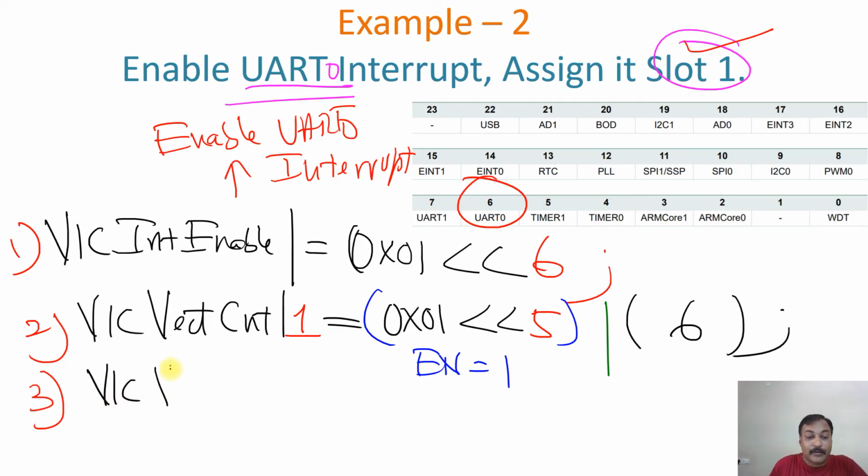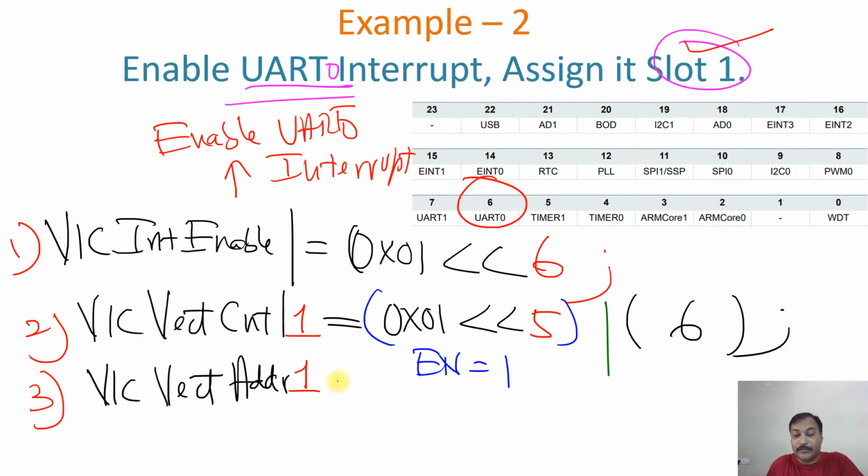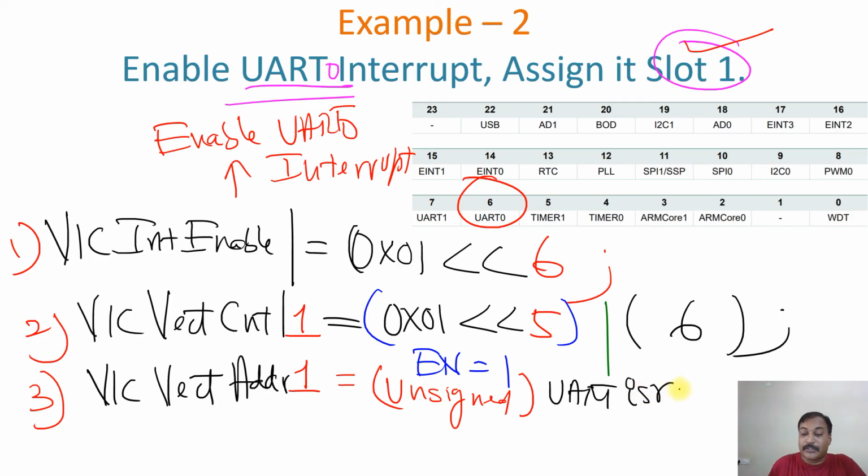Vector interrupt controller, vector address of slot 1 (there is no space here, it's a single word) is equal to unsigned, the name of the SFR, say UART ISR. This is the name of the ISR. Then the semicolon.